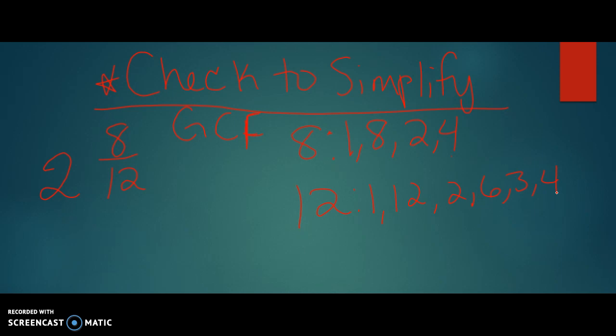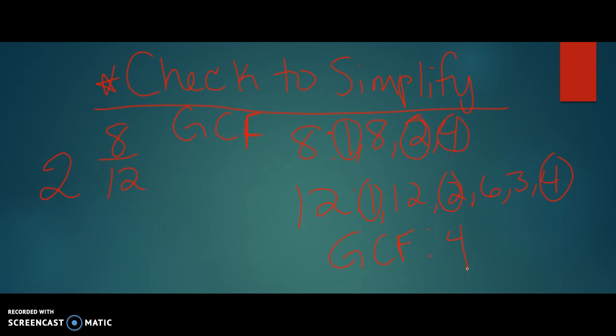So I'm done. Now I circle what numbers I see in both lists. I see the number 1, I see the number 2, and I see the number 4. Now I want the greatest of the ones that I circled. So out of 1, 2, and 4, my GCF is going to be 4.